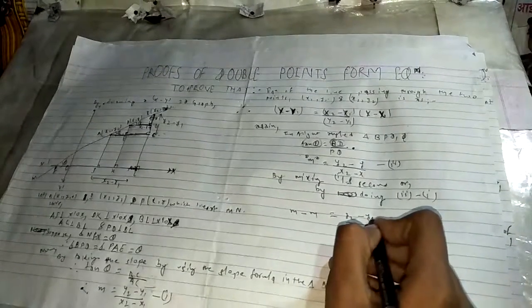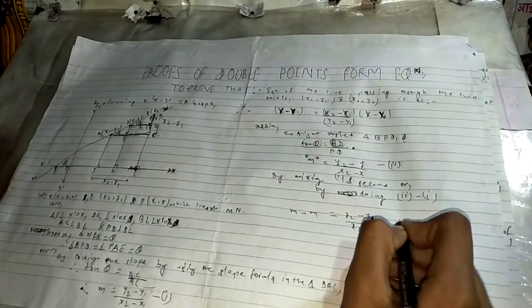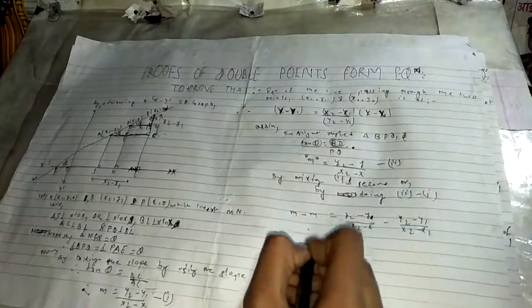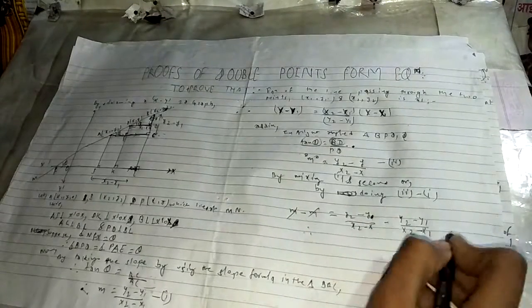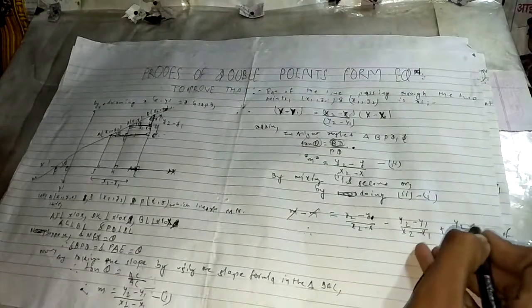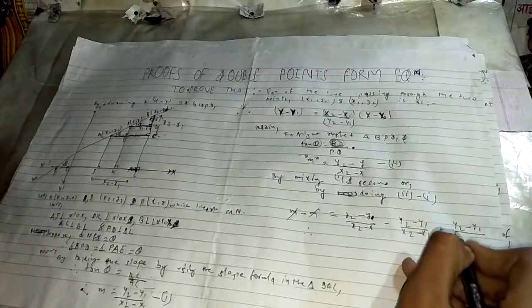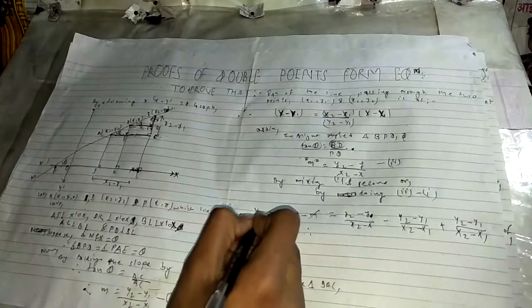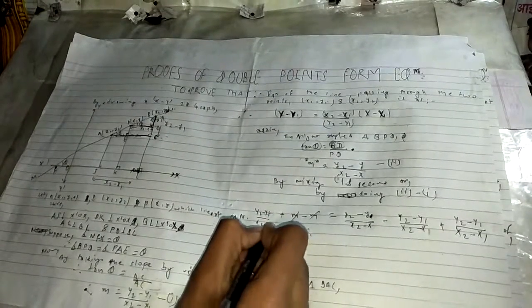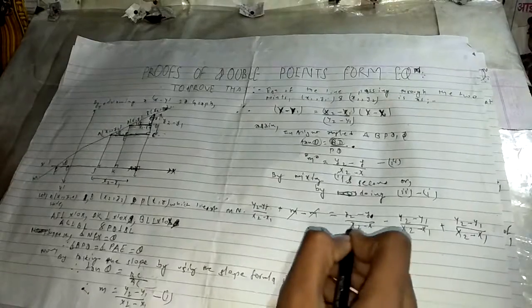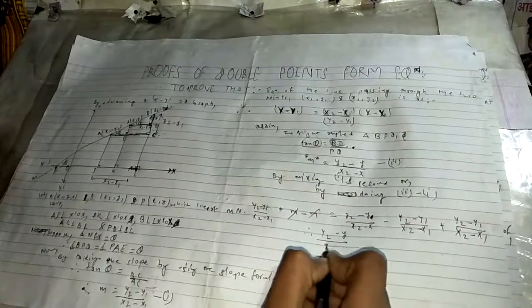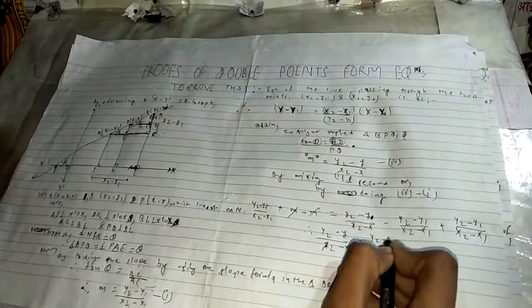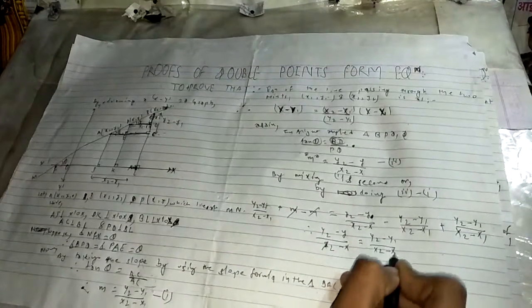Easily it goes out, and by doing this, y2 minus y1 by x2 minus x1 on both sides, it becomes y2 minus y by x2 minus x equals y2 minus y1 by x2 minus x1.